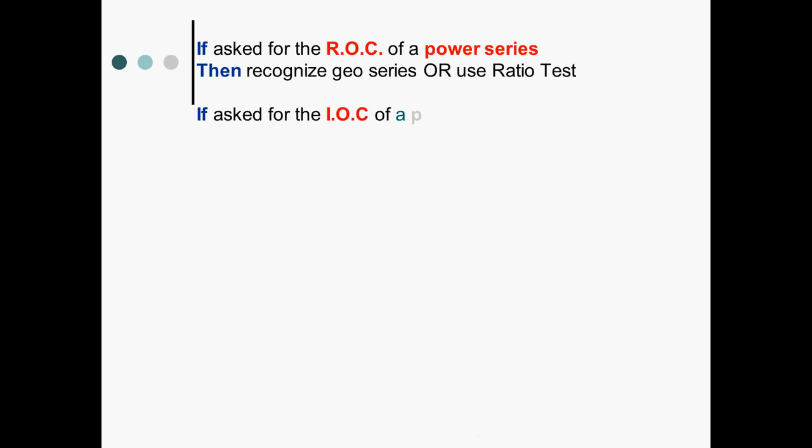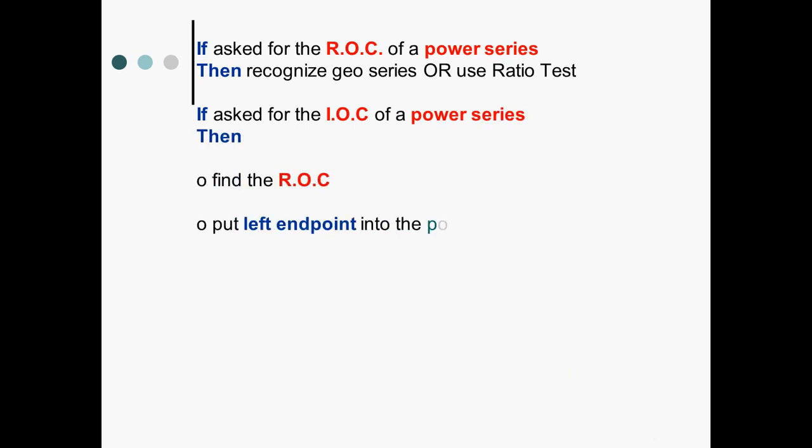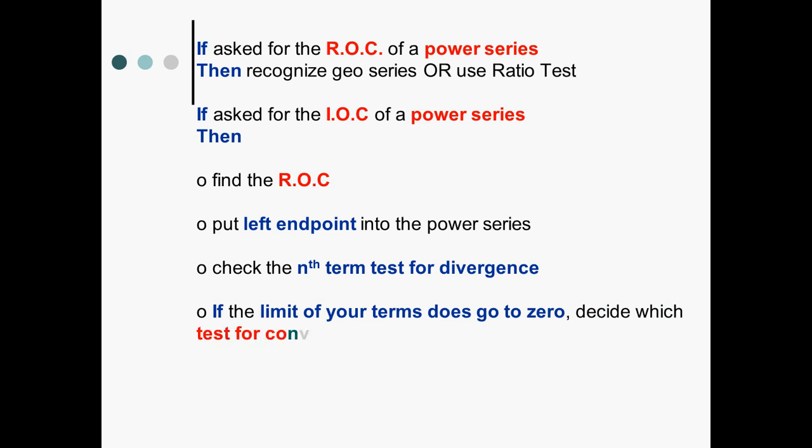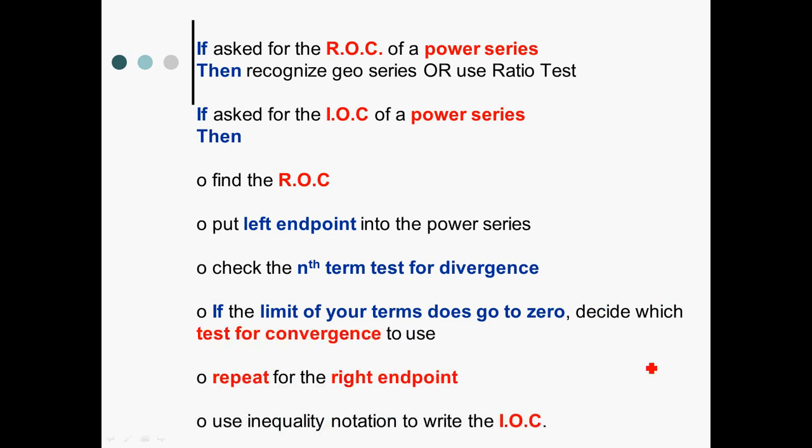So in conclusion, if you're asked for the radius of convergence, then either you recognize a geometric series or you use the ratio test. Done. QED. If you have a geometric series, then you can write an interval.